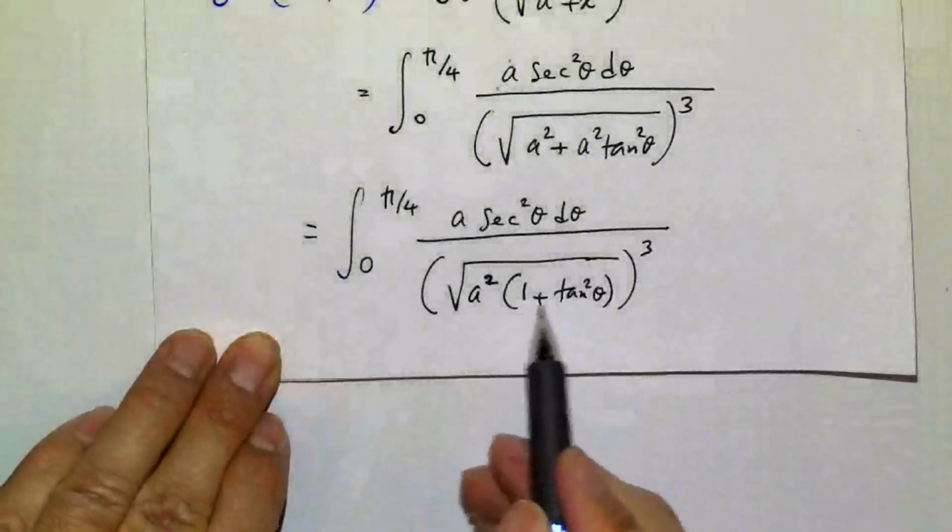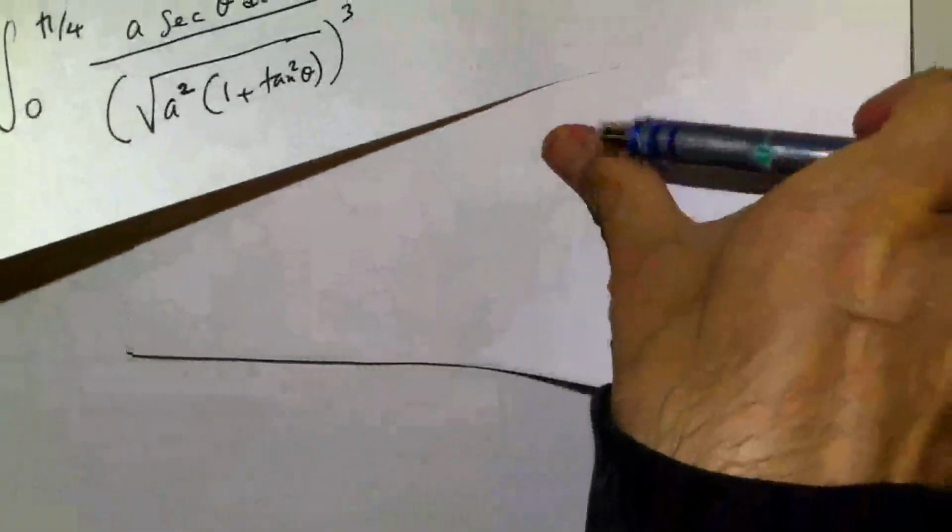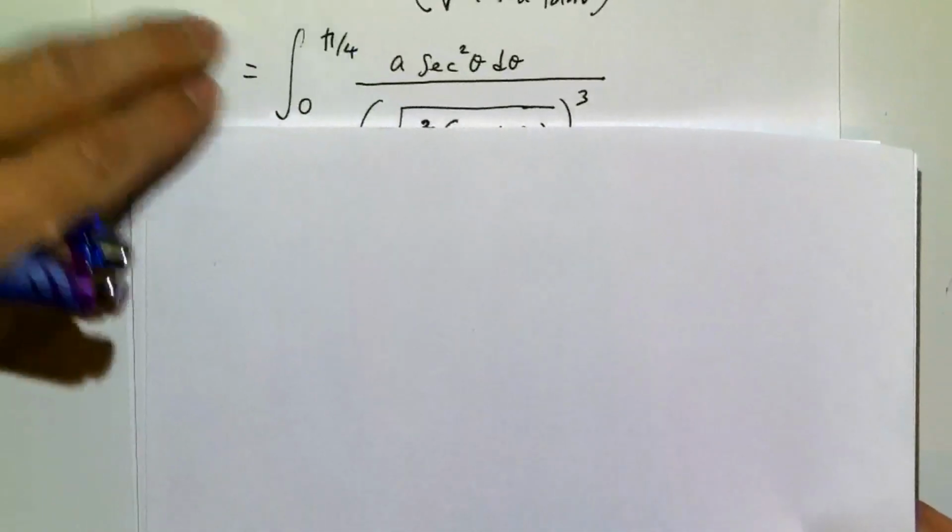And we know that 1 plus tangent squared theta is secant squared theta, right?